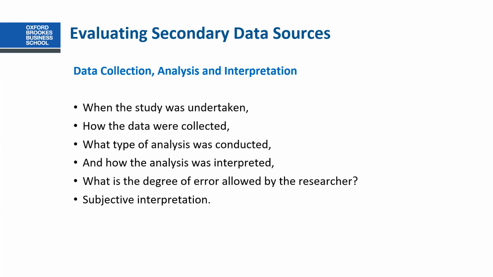Also, the degree of error allowed by the researcher is critically important in order to judge the accuracy of the research. For example, let's say there was a survey which stated that its accuracy is within plus or minus 10%, which actually indicates a high tolerance of error.